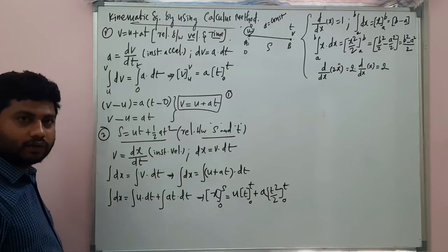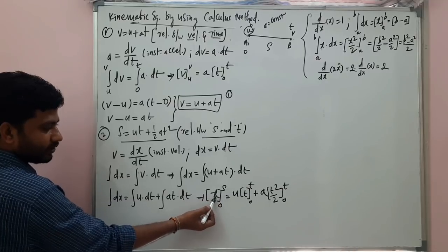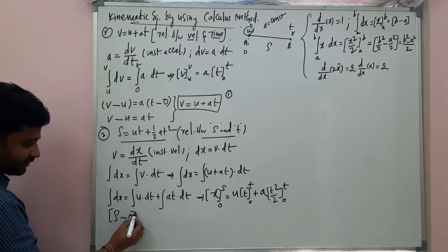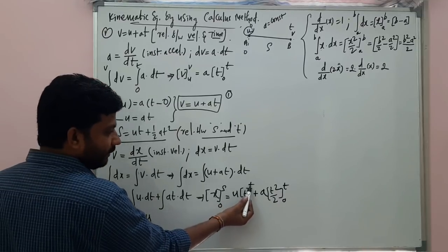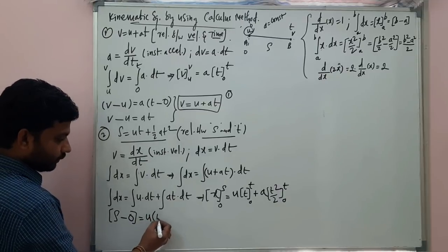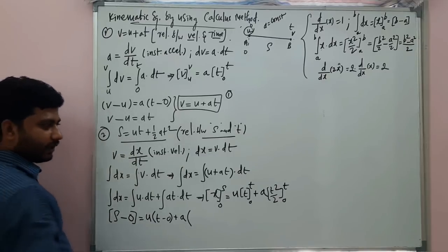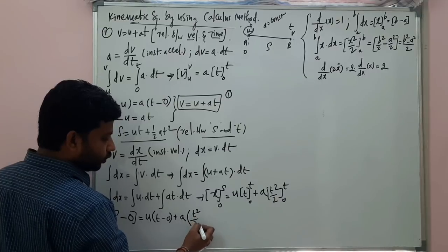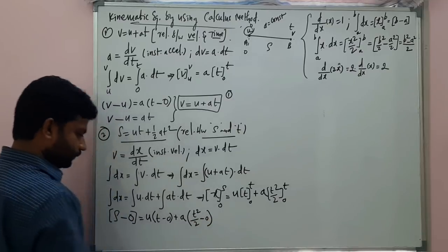Alright. Now, this is s minus 0. See, upper limit needs to be substituted here, minus lower limit. So this is s minus 0 on the left-hand side, which is equal to u into upper limit t minus lower limit 0, plus a into, I've told you so many times, upper limit substituted here, t square by 2 minus lower limit, 0 square by 2 is 0.